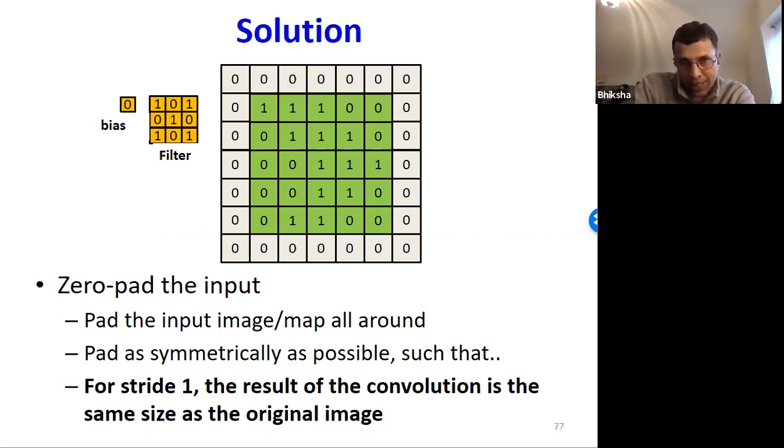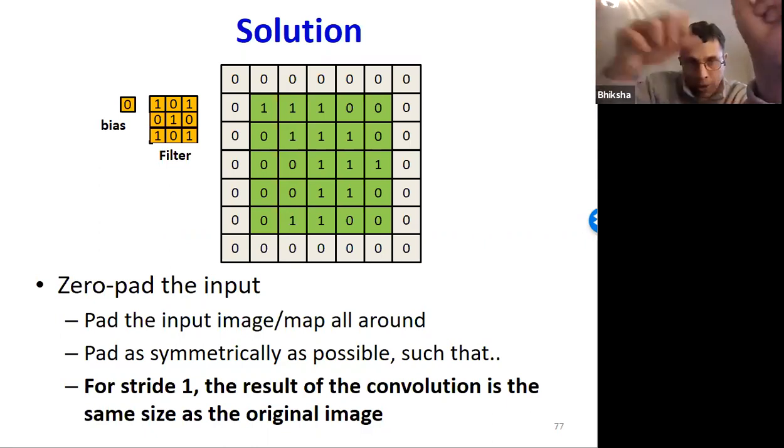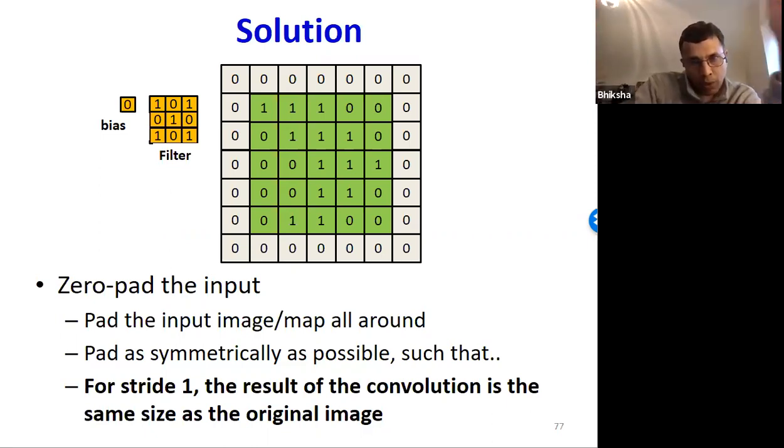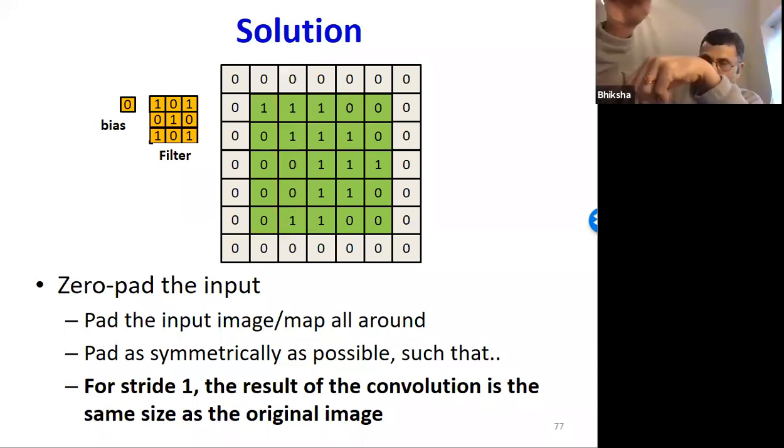Otherwise, both sides will be the same. If you have a filter which is say 3 cross 3, then m is 3, m minus 1 is 2. So you want to distribute 2 columns of zeros on either side of the image. So you'd have 1 column to the right, 1 column to the left. Similarly, you'd have 1 row of zeros above it and 1 row of zeros below it.